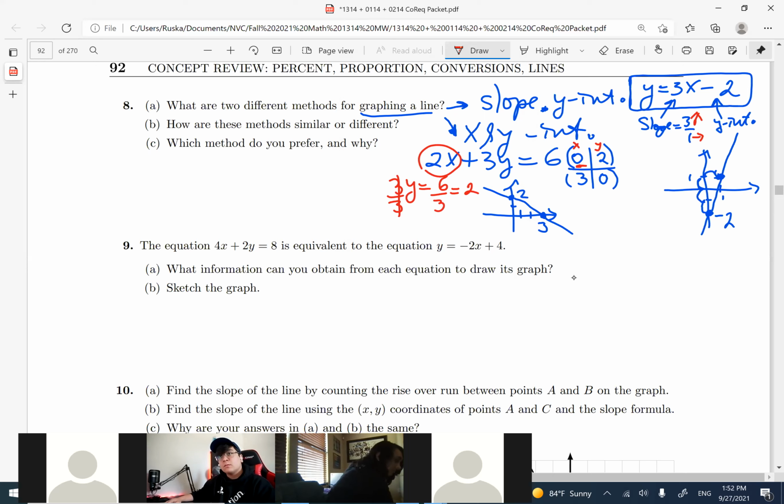So these are the two methods. Now tell me how these methods are similar. What is similar between those two methods?